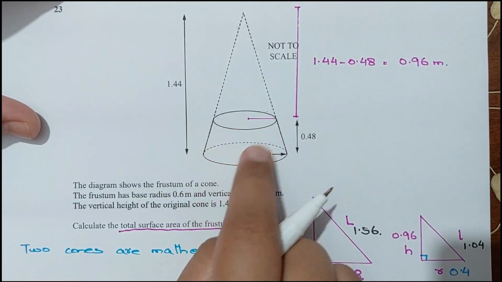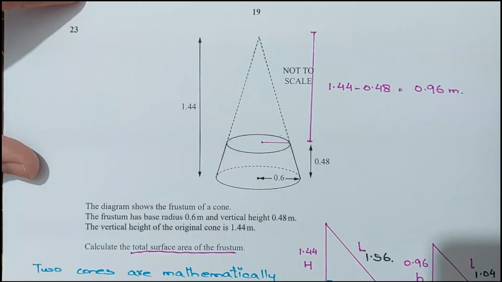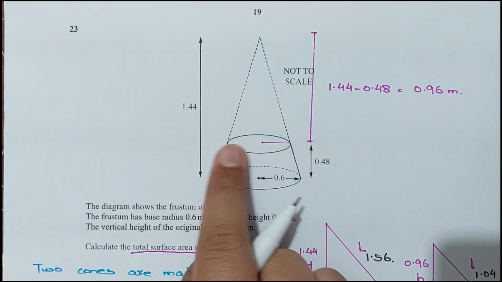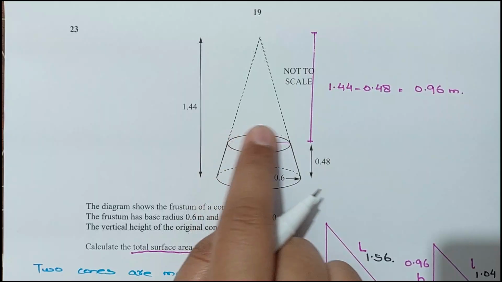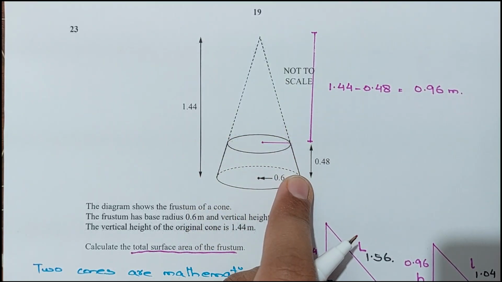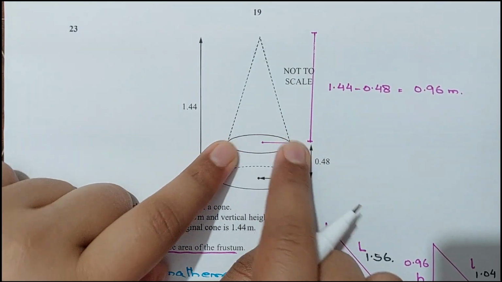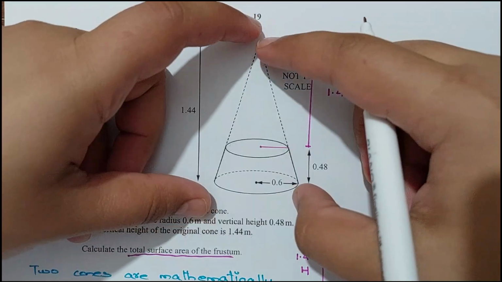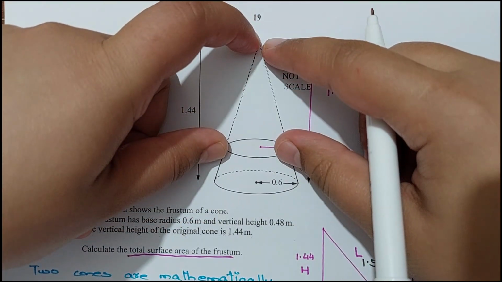Okay, so as we know, this is a frustum only. So how can we find the area of that frustum? We have to first find the curved surface area of the frustum, the surface area of the top circle, and the surface area of the bottom circle. That would be the total surface area of the frustum, right? We will get the curved surface area of the frustum from the larger cone by subtracting the smaller cone.